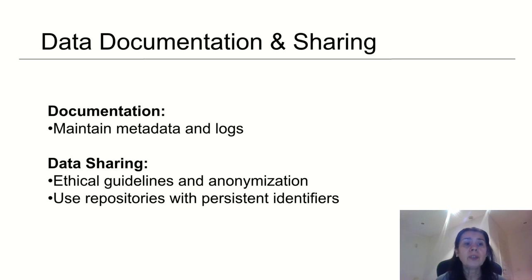This is also important when you share the data, that you have very good metadata. And also it is very important, again, in data sharing, first of all, that the participants have been informed that their data will be shared.